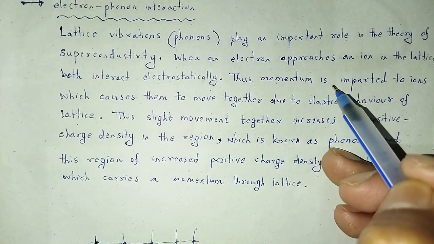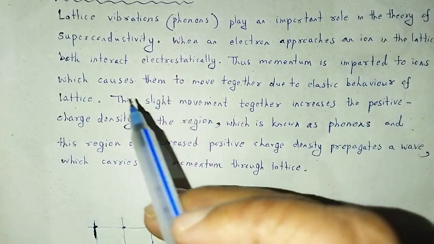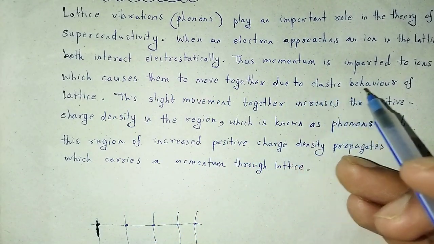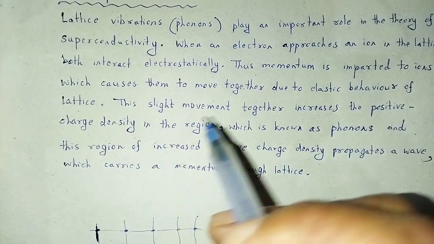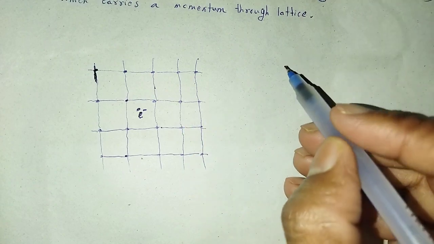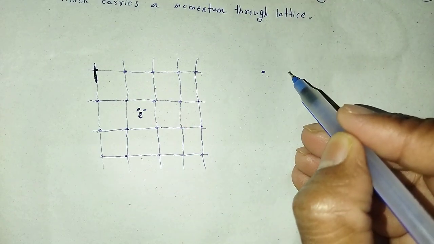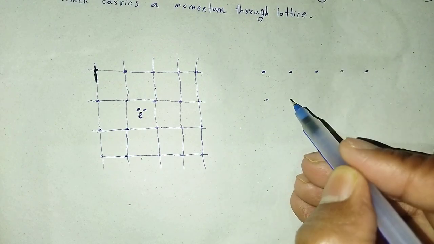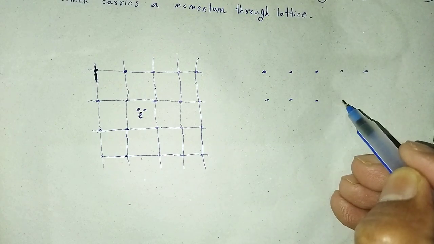Thus, momentum is imparted to the ions, which causes them to move together due to the elastic behavior of the lattice. How does it react to the electron?